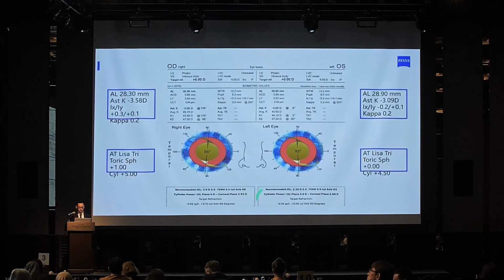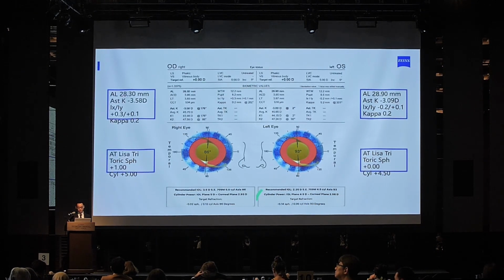And let's see the IOLMaster 700. The axial length was around 28 millimeters for both eyes. I do the IOLMaster before we have the K. So the astigmatic K is minus 3.5 for the right eye, and minus 3 for the left eye.